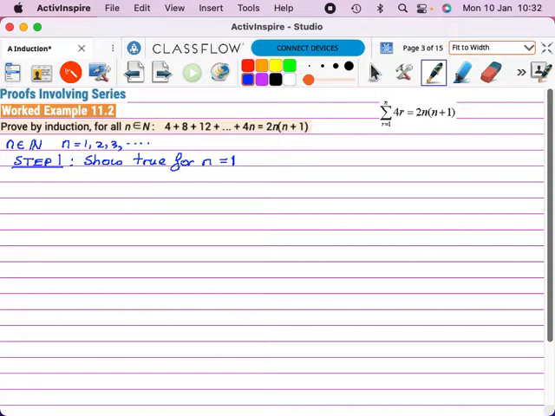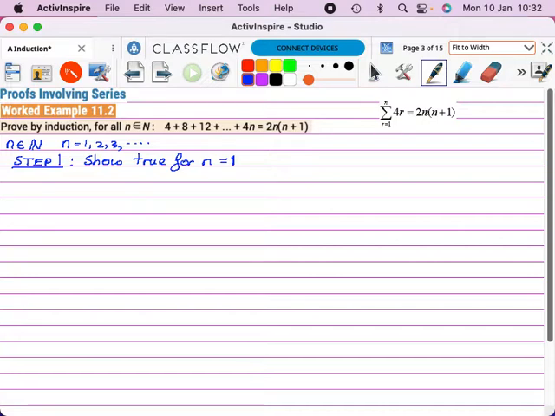Now, what does that mean going back to the dominoes? Well, what you're showing is that the first domino can topple. Do you understand? So by showing step 1, showing it's true for n equals 1, you're showing that the first domino can actually topple. Because if you can't topple the first domino, will all the rest topple? No. So we need to show that the first domino topples.